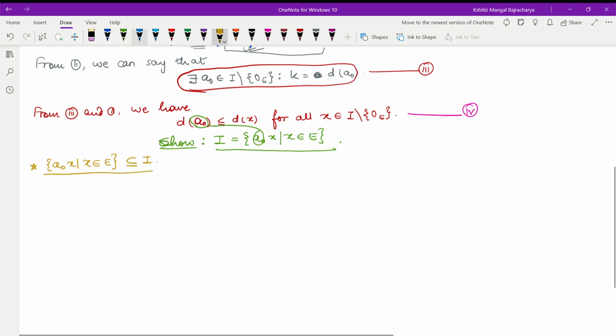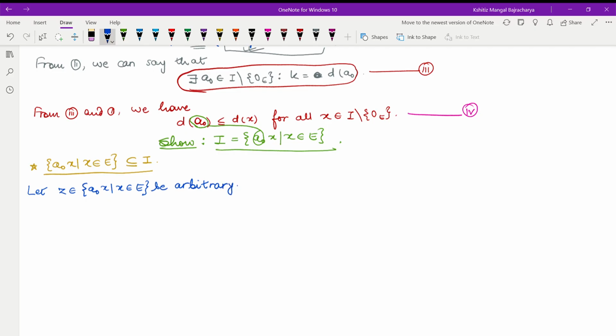Now to prove this, we're going to take any element Z in the set like this, be arbitrary.